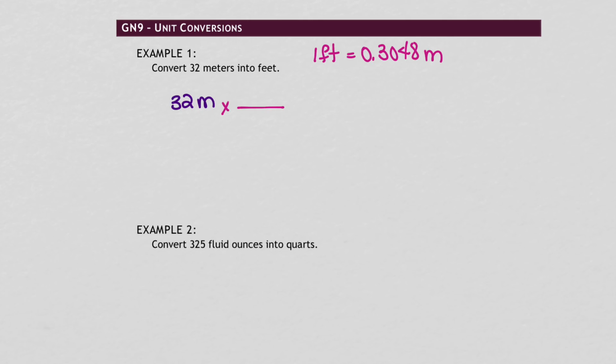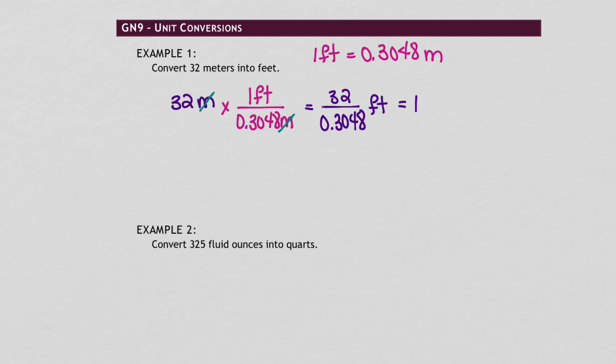Since we start with meters on top, we need our 0.3048 meters to be on the bottom so that these M's will cancel out. And on the top, we can put our 1 foot. So what this is telling us to do is to take 32 and divide by 0.3048. And then we'll be left in feet.